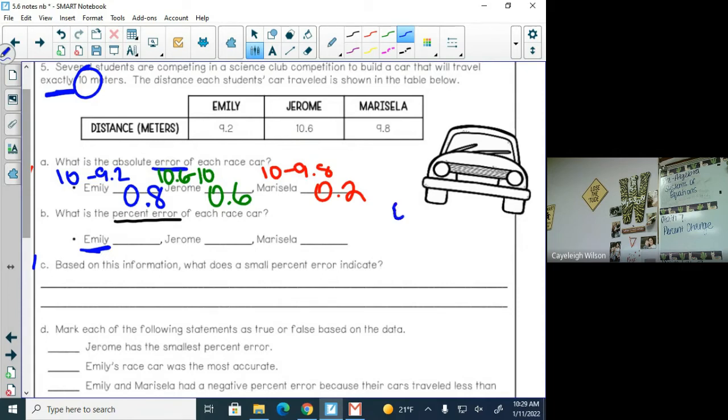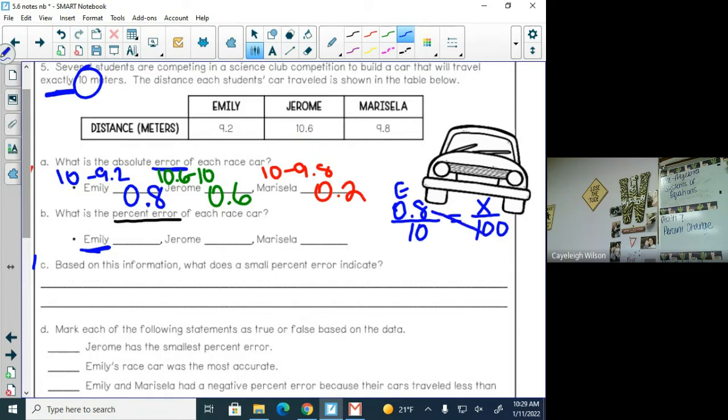So, over here, I'm going to do 0.8, the error change, over the exact amount, which was 10, equals x over 100. Okay, so I'm going to put an E for Emily. So, error change over the exact equals x over 100.